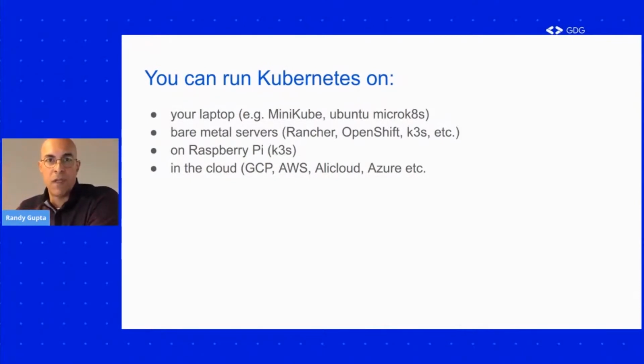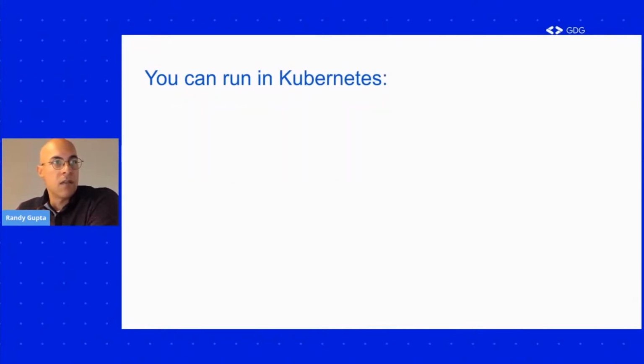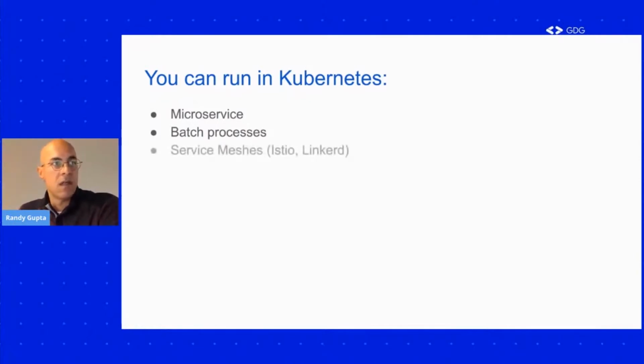You have a fully managed cluster, and on the cluster you can run microservices, yes, but not only microservices. You can run batch processes, whatever you need to process. You can start a process, and the whole cluster takes care of that.